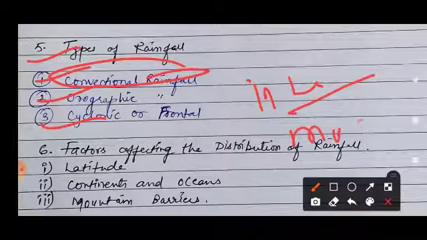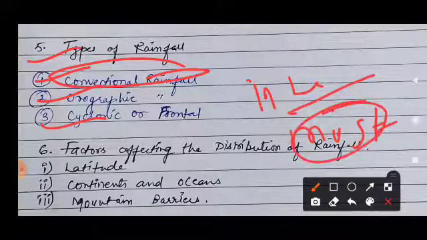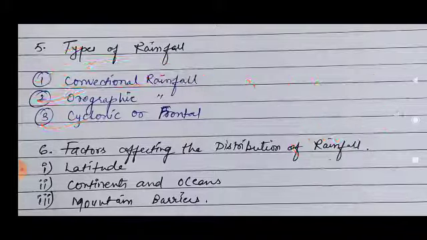In the last lecture we discussed how the central part of Asia is heating, and the southeast and southwest winds are blowing because of this difference in temperature. So that's why intense heating of the surface and abundant supply of moisture cause this type of rainfall.